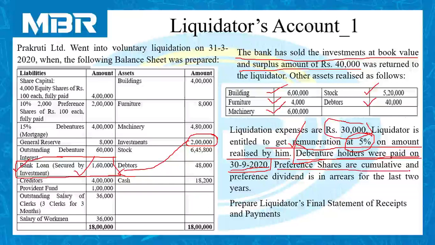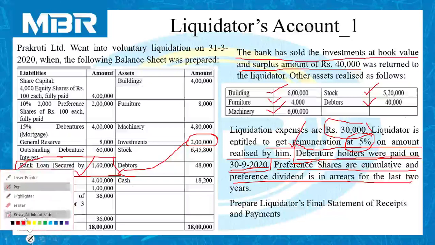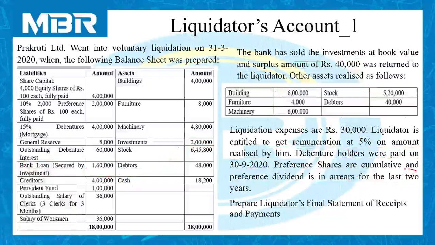Preference shares are cumulative and preference dividend is in arrears for the last 2 years. On cumulative preference shares, the amount of dividend is accumulated for the backlog or for the earlier years for which the dividend were not paid. So here on preference share capital, dividend is outstanding for the period of 2 years.